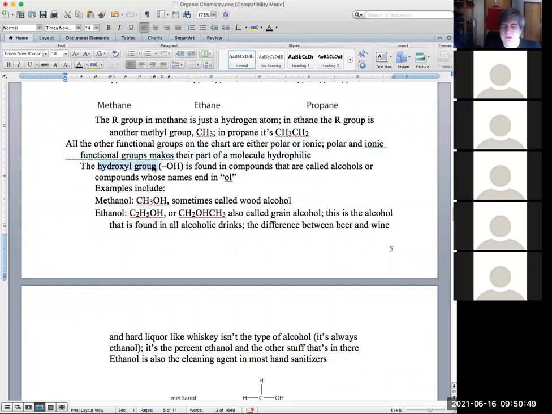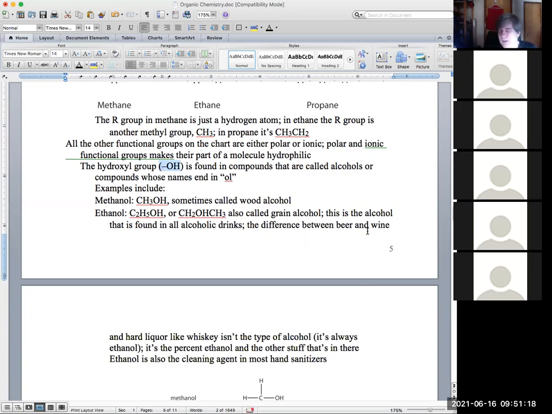So the first functional group that is polar that we'll talk about is the hydroxyl group. The hydroxyl group is often designated as a dash with an OH. Now, oxygen needs 2 bonds. Hydrogen needs 1. So there's a bond between the oxygen and hydrogen here, and the dash indicates that this oxygen has another bond.